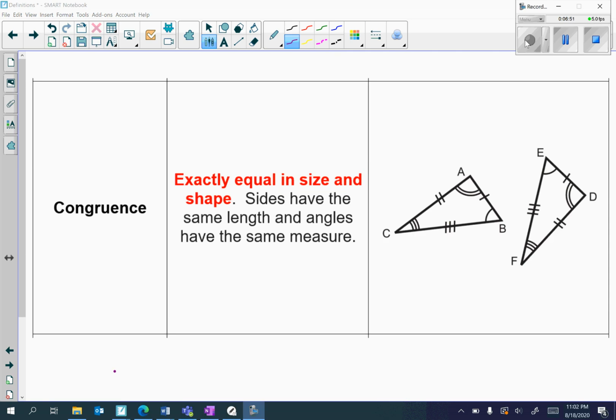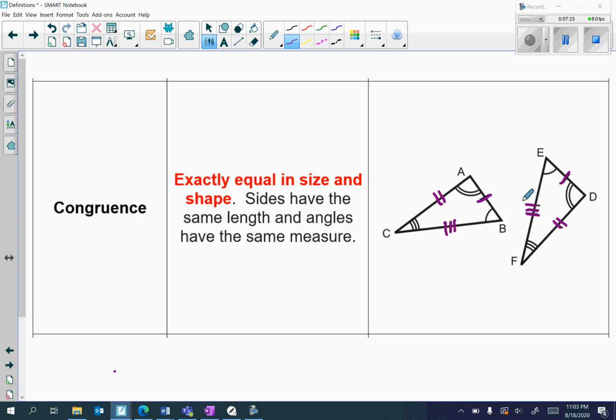Next is congruence. Congruence means exactly equal in size and shape. The sides have the same length and angles have the same measure. So notice in the diagram here, I have two triangles, and notice I have congruence marks. So AB is congruent to ED, CA is congruent to FD, and CB is congruent to FE.